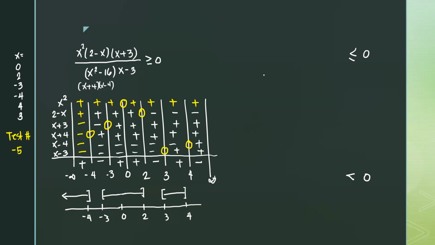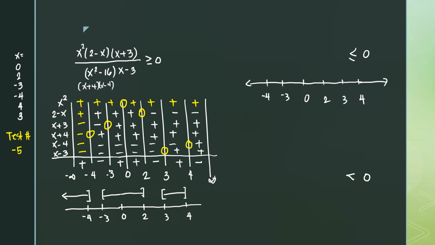Now, if it's less than or equal to 0, let's make that -4, -3, 0, 2, 3, and 4. It says less than or equal to 0.